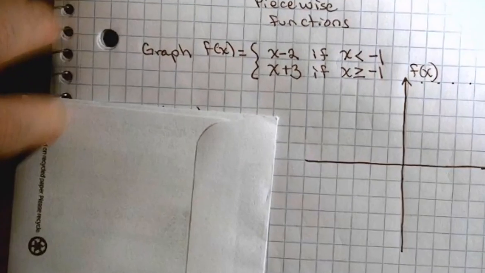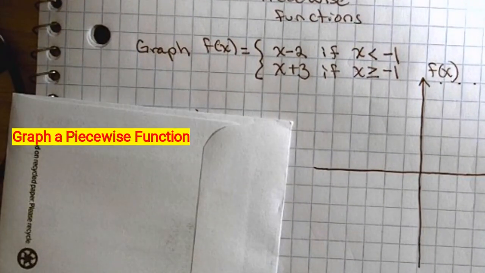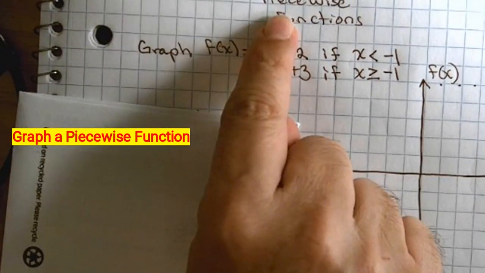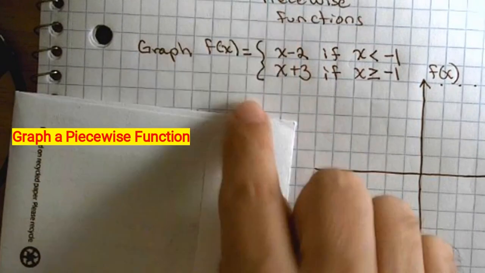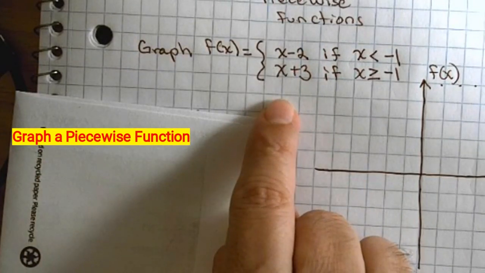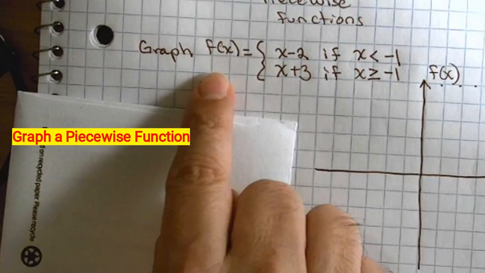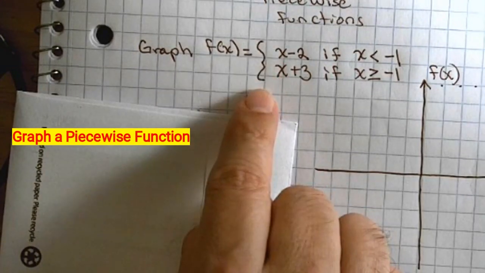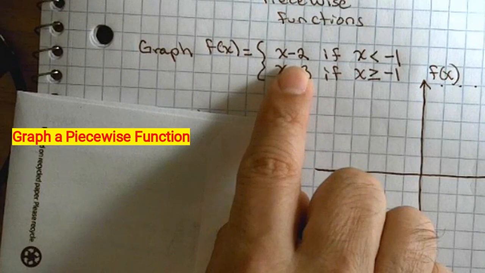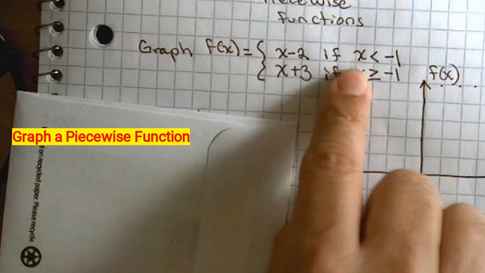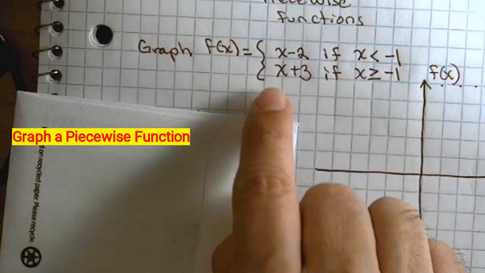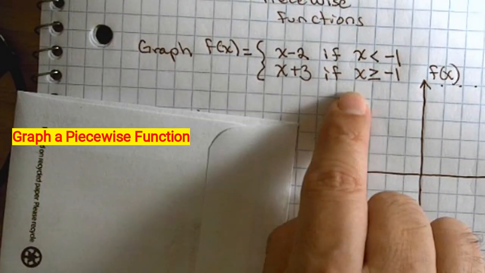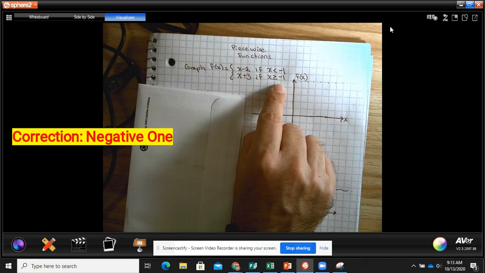All right. So what we will be doing today, we're going to be focusing on piecewise functions. It looks fancy. We've got graph the f of x equals open brackets x minus 2 if x is less than -1 and x plus 3 if x is greater than or equal to 1.